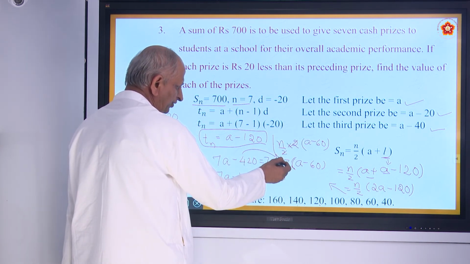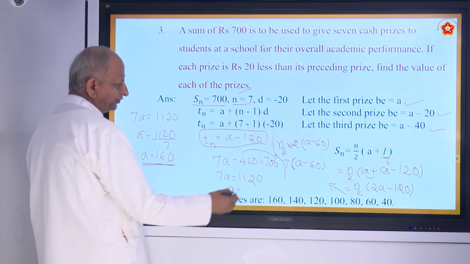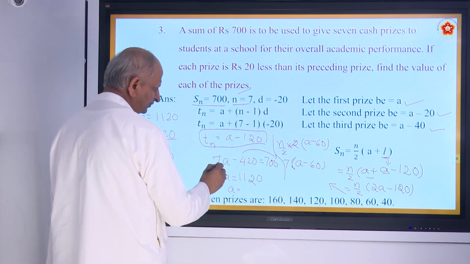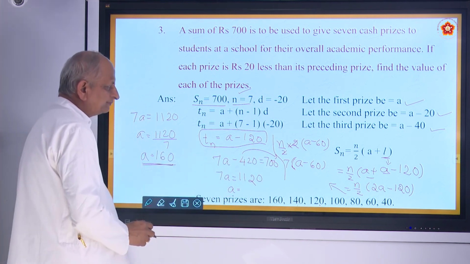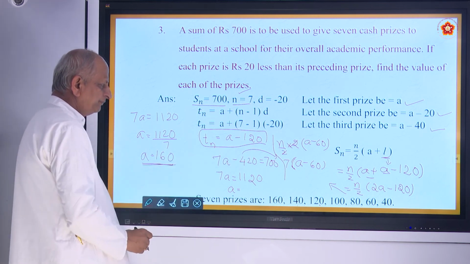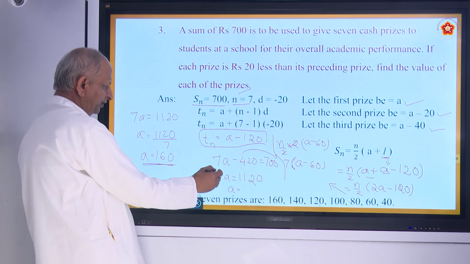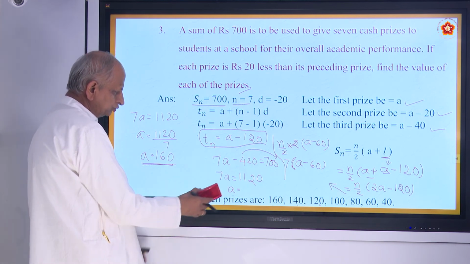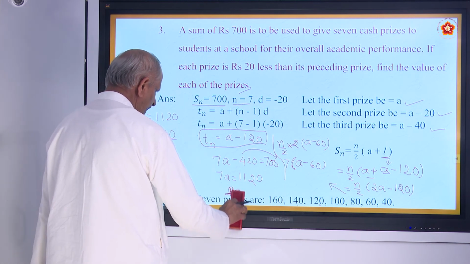Value of n is known, n is 7. So 7 into A minus 60, 7A minus 420, is equal to 700 Sn. So you have 7A is equal to 1120, is it not?